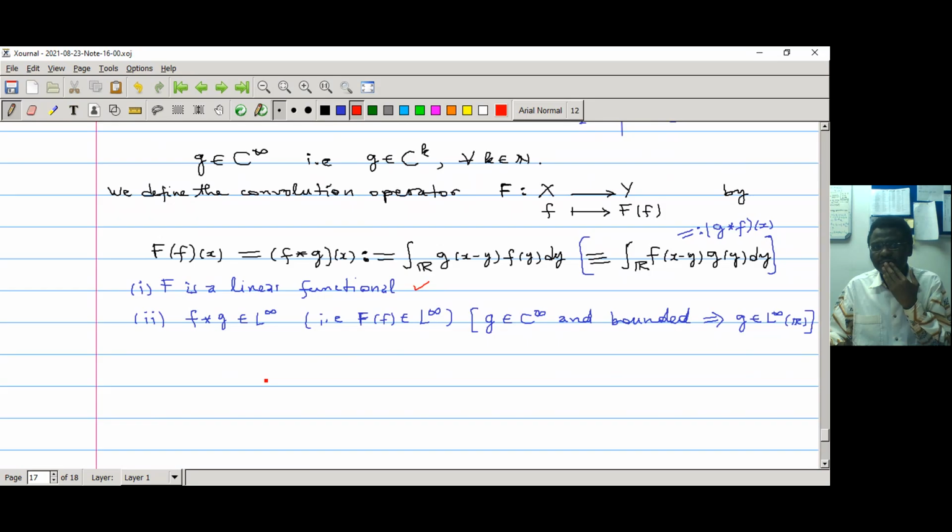But when you say linear functional, actually, it's a linear operator. Because you have linear form or linear function as the same thing. Anyway, that's not it. Okay, so it's linear.